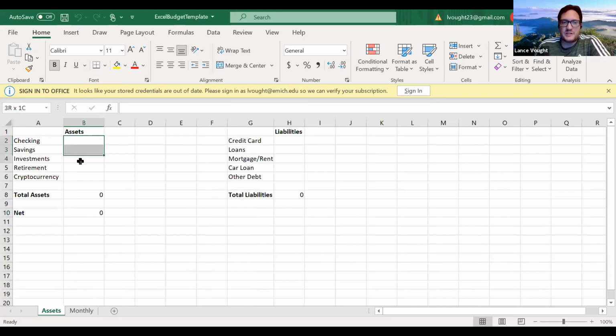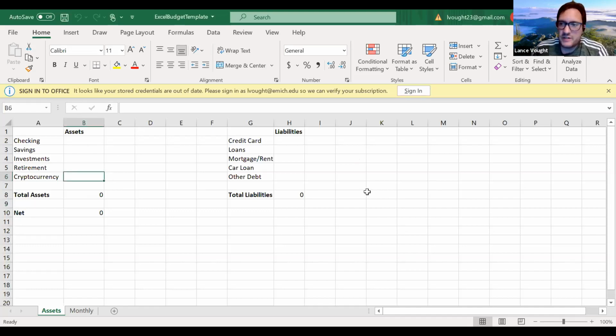The first part is kind of like a reconciliation, but not exactly like a reconciliation, but you want to do a real-time accounting of your assets and your liabilities. Some of these you may have, some of these you may not. So your checking account, your savings account, investments, retirement, cryptocurrency, you may have some, all, or none. To answer your question, the spreadsheet is a replacement for the quiz. There is still a homework assignment, but there won't be a quiz because of the spreadsheet.